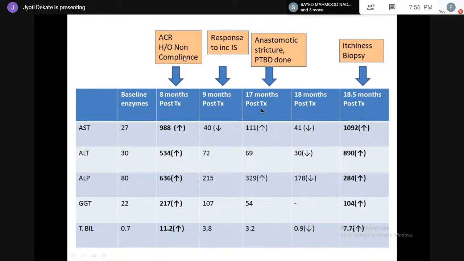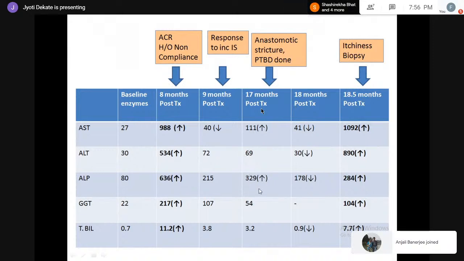The patient was not found to be compliant with the immunosuppressants and was clinically diagnosed as acute cellular rejection, or T-cell mediated rejection. She was treated with pulse steroids and modification in the immunosuppressant regime. She responded really well in the 9th month, and as you can see here, there was then an increase in the ALP levels and also in the bilirubin levels.